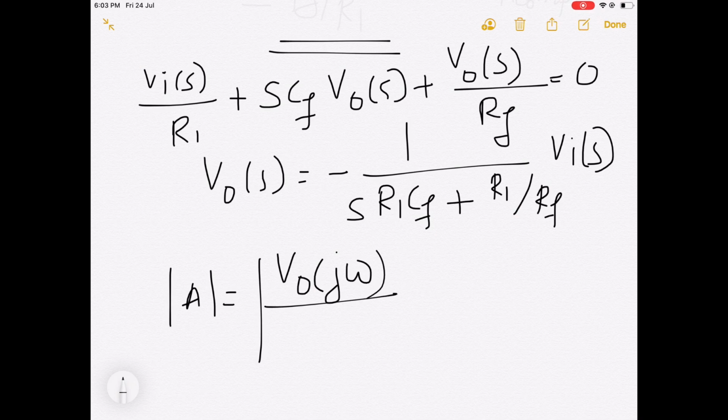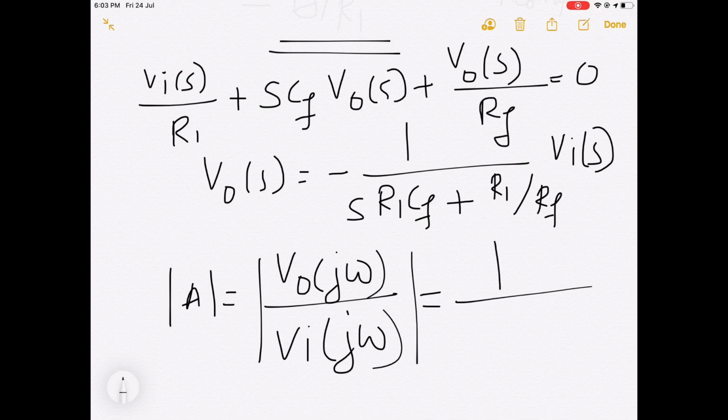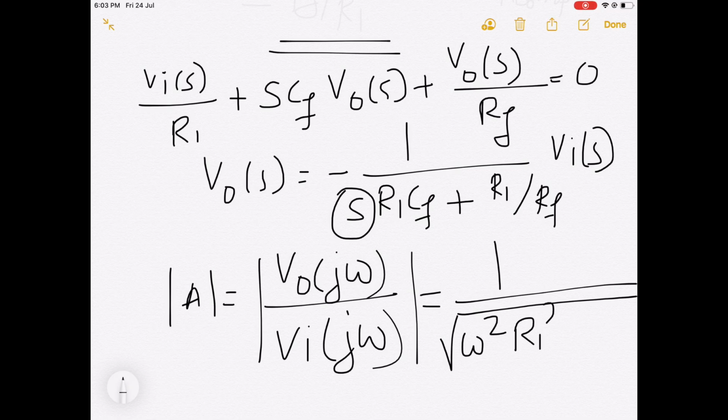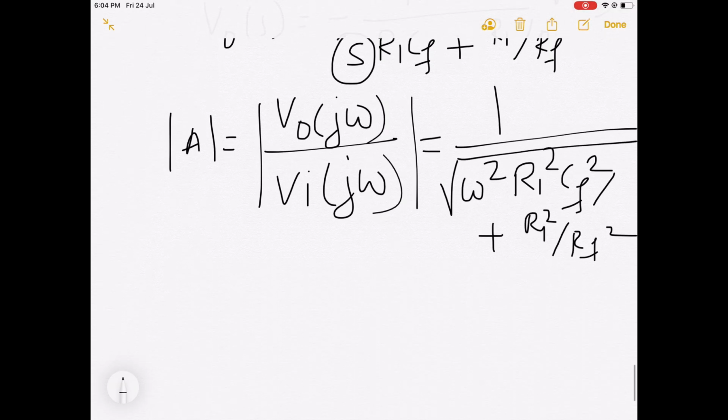So VO of j omega divided by Vi of j omega is equal to root of, here S is equal to j omega you have to put. So it will become omega square R1 square CF square plus R1 square divided by RF square. Here I have taken the root.